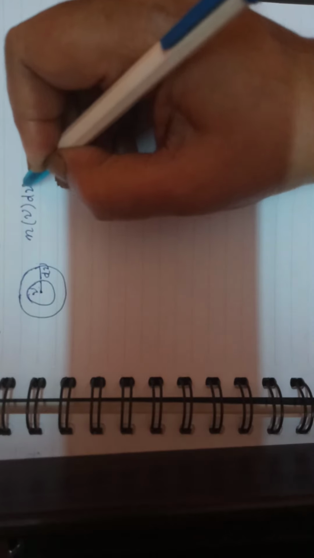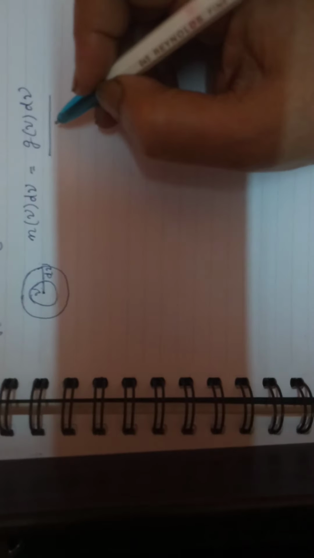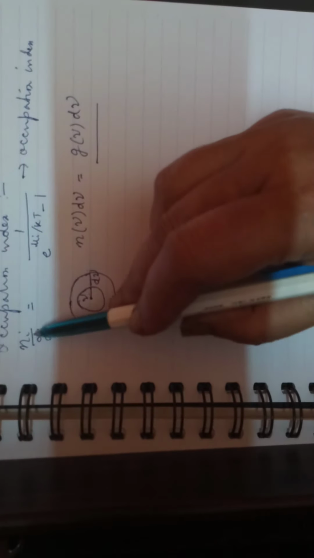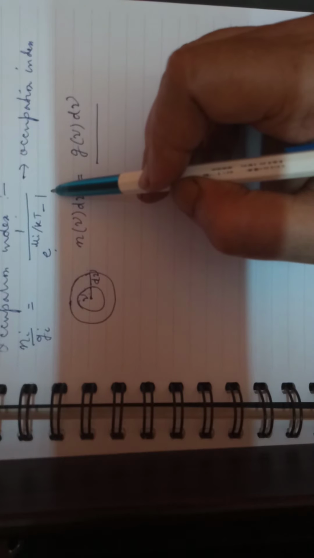So n nu d nu will be equal to g nu d nu. Following the previous expression that we saw just now, Ni is equal to Gi by e to the power ui by kT.